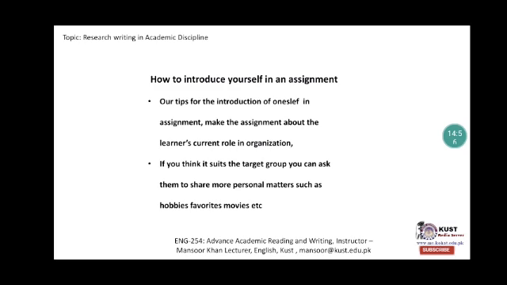So this is the way you can introduce yourself in an assignment. If you think it suits the target group, you can ask them to share more personal matters such as hobbies, favorite movies, etc. So, this is how you can introduce yourself in an assignment which you are given.